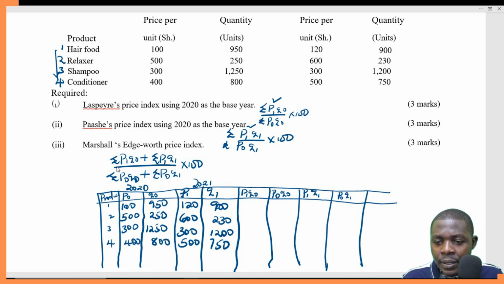P1 Q naught: P1 is here, then Q naught is here. In that case, we are just taking the column Q naught multiplied by the ones for P1. How do you get it?